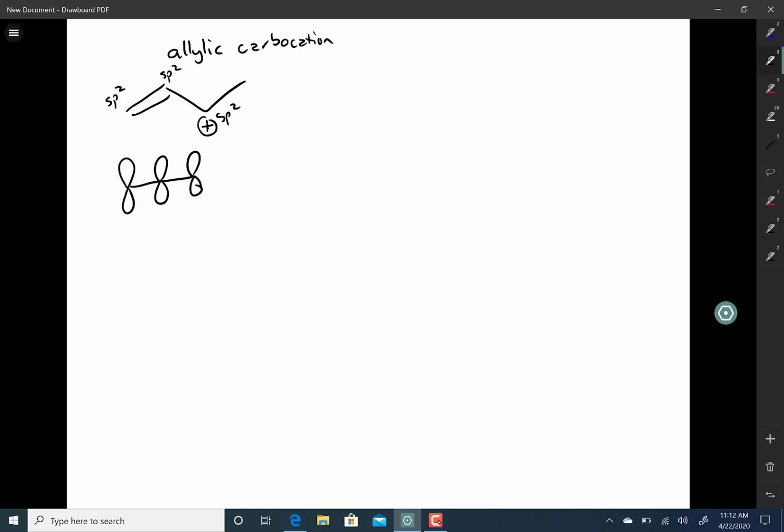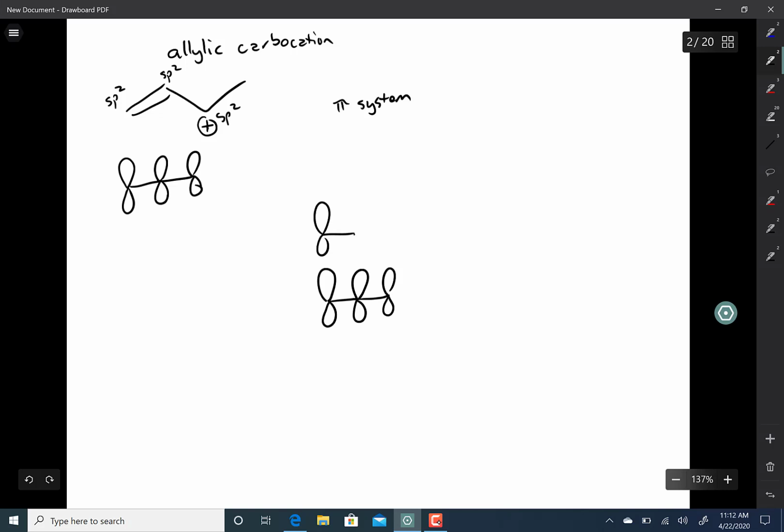And to come up with the molecular orbital diagram for the pi system, we have 3 orbitals in. That means we have 3 orbitals out. 3 molecular orbitals, and they have 3 energy levels.